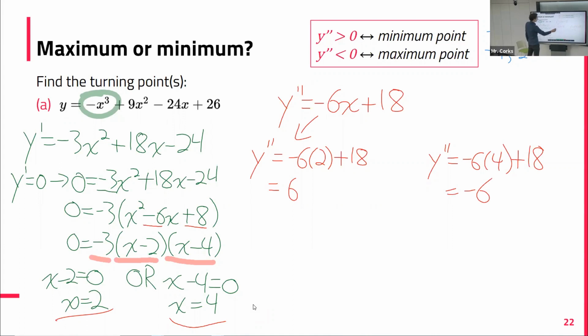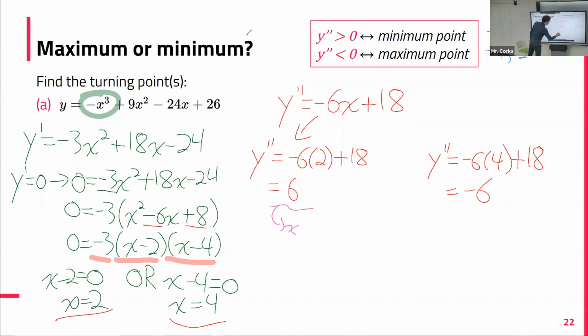So this one here is positive. So what do we know about this x equals 2? Minimum. Okay, so x equals 2 is a minimum point from this.